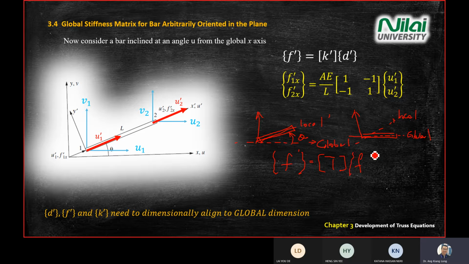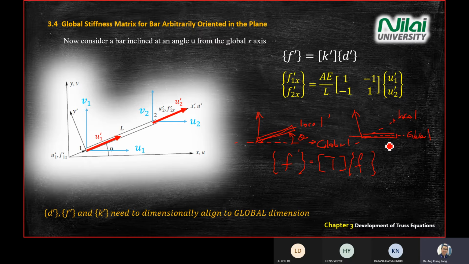If you need to use this equation for both cases, on the left normally you will have all the force in the left-hand side, because the bar is aligned to the local, so you fill in all the data from the left.